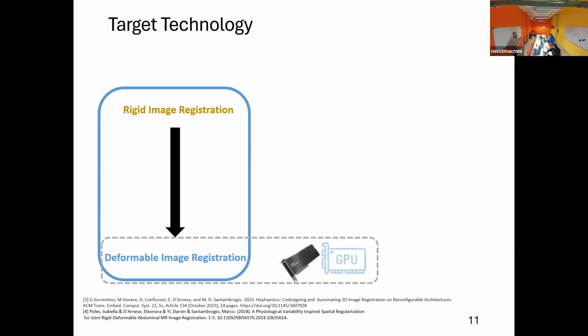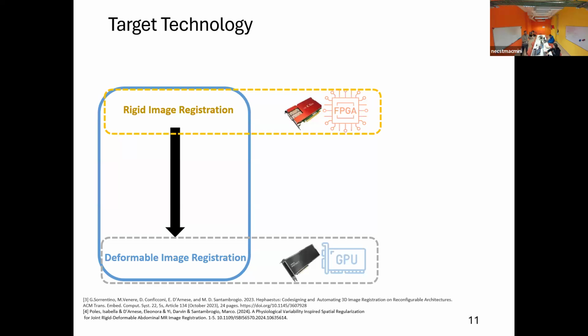But the rigid image step is much more complex, because FPGAs prove to be effective for this task too. However, as also said in the beginning, we want to target heterogeneous systems. So why not have both architectures? And this is actually a choice. We may have multiple architectures.